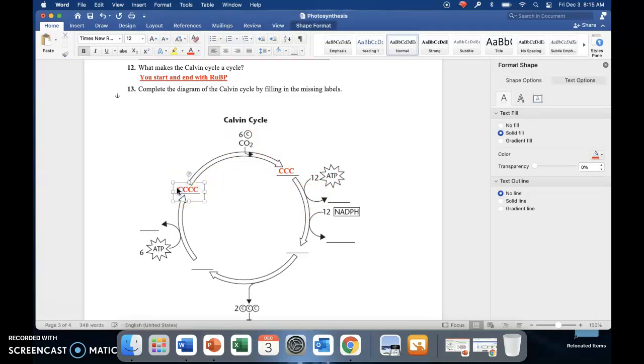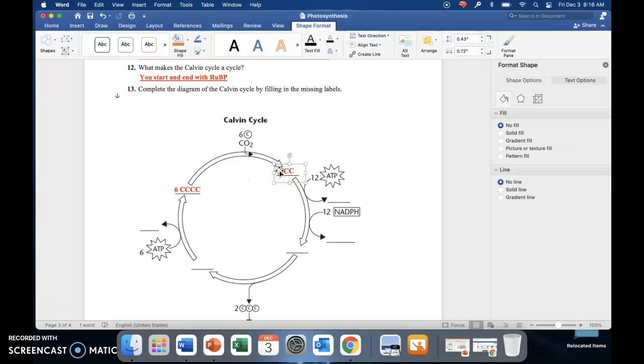So let me go back here. We're actually going to start with 6 of these, and we join that with 6 carbon dioxides, and we actually end up with 12 of these phosphoglycerates as we move around.